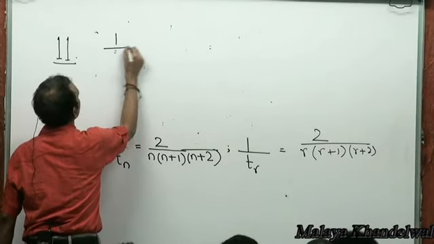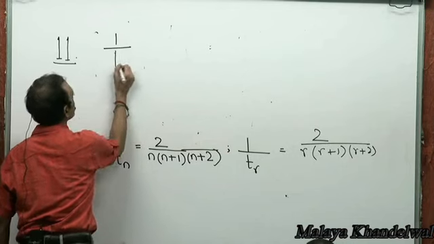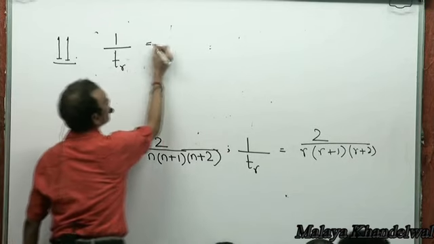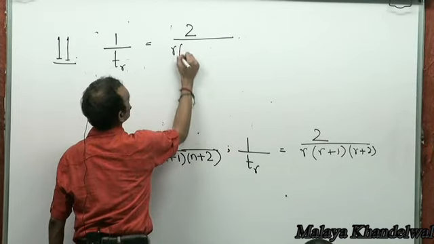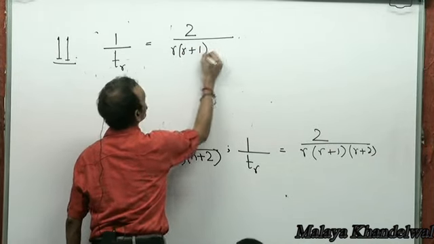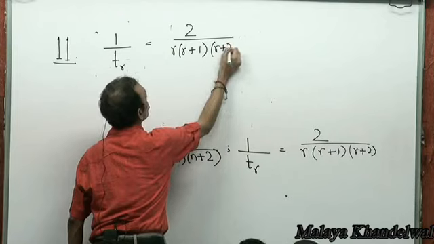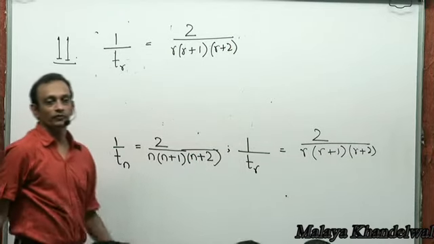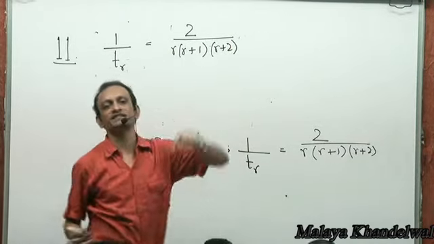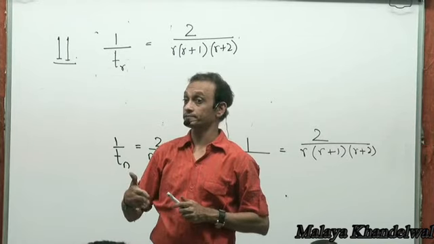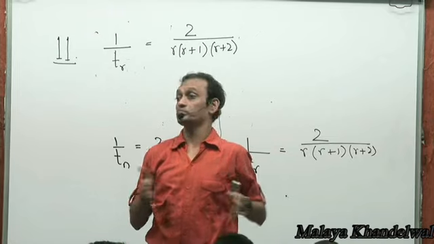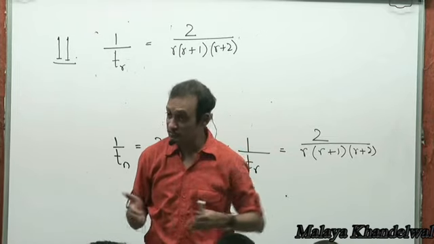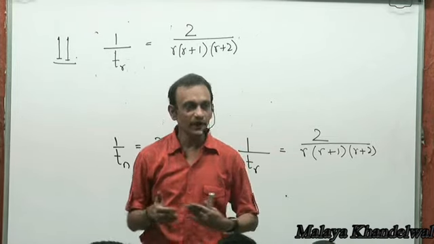1 by Tr is 2 divided by r into r plus 1 into r plus 2. We want to plug in r equal to 1, 2, 3, etc. up to n and add it up. Now, if you recall from our previous session, this should be expressed as a difference of two sequences, right?